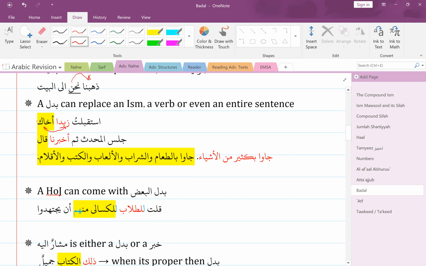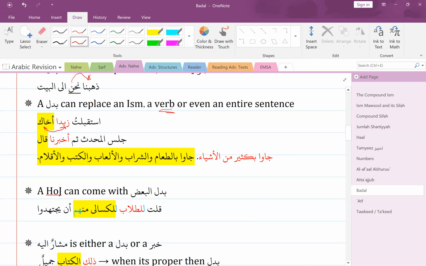Or you can replace, like we said, a verb, an action. جلس المحدث ثم أخبرنا قال. The muhaddith, the narrator, sat down, then ثم أخبرنا, he told us. So he told us, قال, he said. I'm basically repeating the same thing.